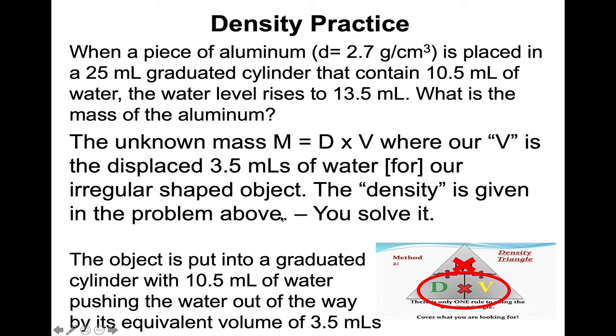It should be 3.0 mL. I'll have to correct that. So the density they've given you, you take this times 3.0 mL, and that will give you your mass, 8.1 grams. So you're not going to get this if you use the other number. You've got to use 3.0.